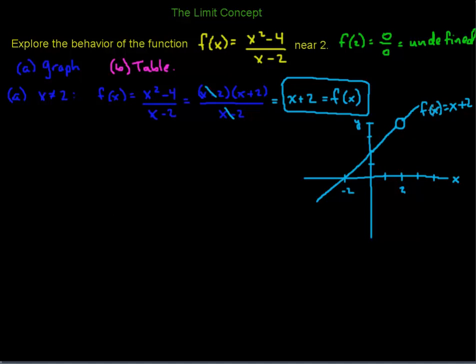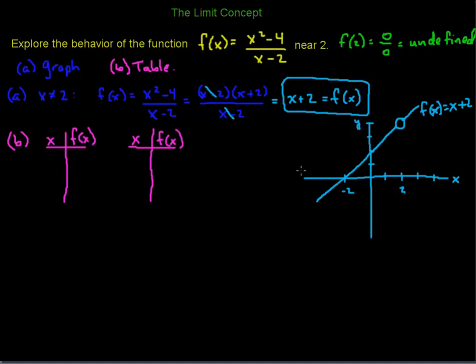Now we can use the graph to give us a little insight for our table of values. For our table, we're going to look at x values and the f of x values, and we want to look for x values that are close to 2, getting closer and closer to 2, but not actually equaling 2.